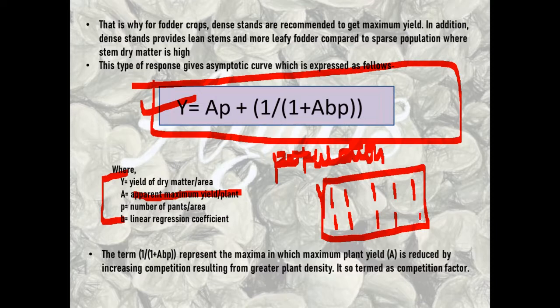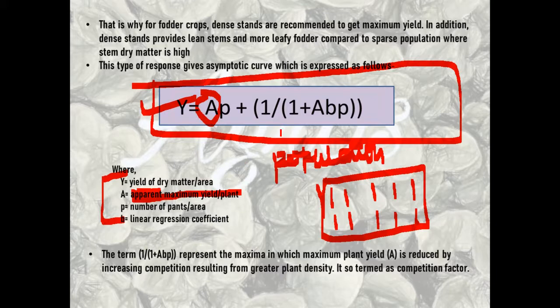When there is wide planting space among them, in that condition the yield received by the plants is maximum, I would say. But it is not actually the maximum, so here it is said apparent, understood? This is why the word apparent is used. So the apparent maximum yield per plant is when the plants are spaced widely, and this A represents that yield.